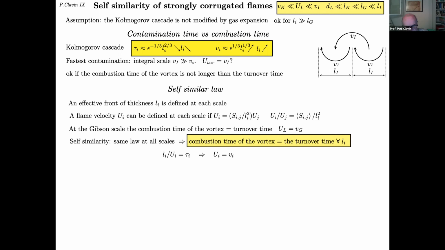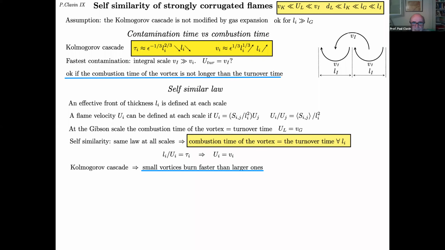And this is in agreement with the fact that the propagation velocity should be that of the integral scale. This is the result: the turbulent propagation velocity is that of the integral scale of the turbulence, and the thickness of the turbulent flame is the integral length scale.